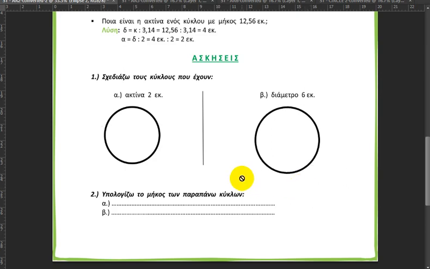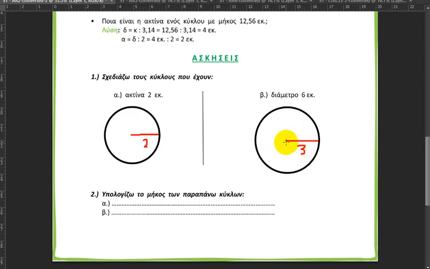Now, let's actually write the information about them. So here, the radius is 2. And here, the radius is 3.